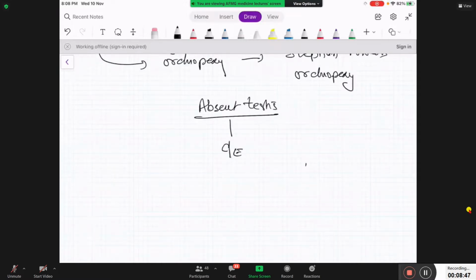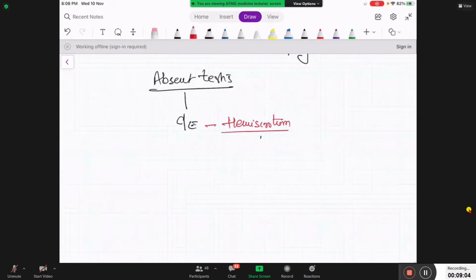Now, in clinical examination, this is a very important point. In clinical examination of a patient of undescended testis, the scrotum where the testis is absent, that side of the hemiscrotum will be poorly developed.